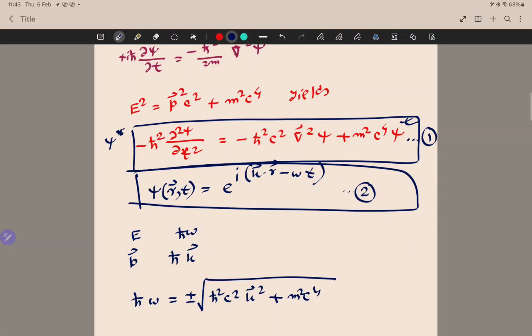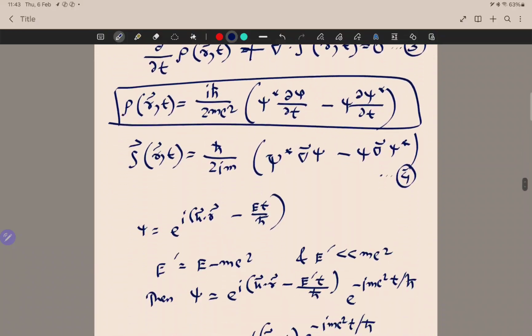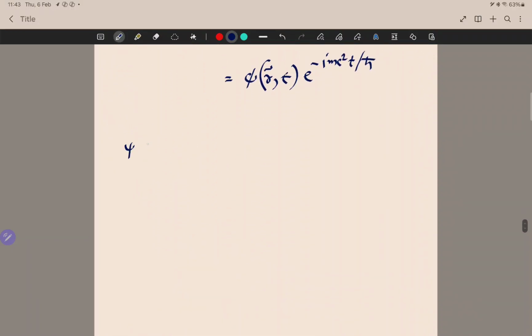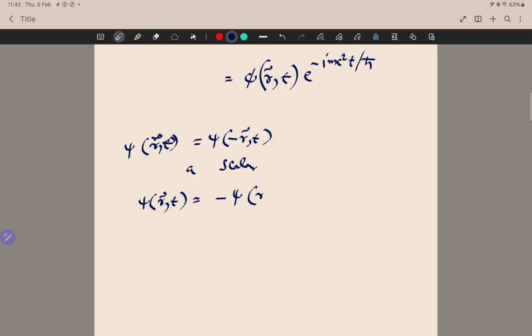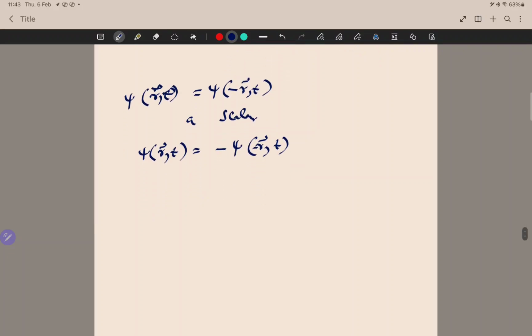Applying the parity operation, we see that the wave function could be either psi of r, t equal to psi of minus r, t, which is a scalar, or psi of r, t equal to minus psi of minus r, t, which is a pseudo scalar.